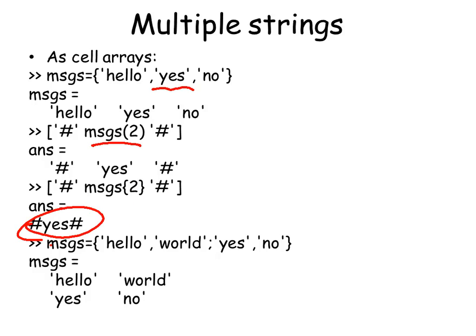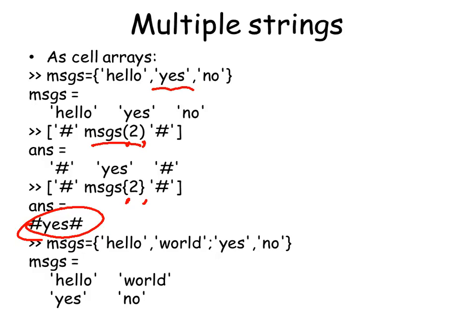All right. When we were covering indexing of cells, there was a distinction between parentheses and curly brackets. When you are using parentheses, you are generating a new cell array. Okay? You are not opening the box and taking the contents out.